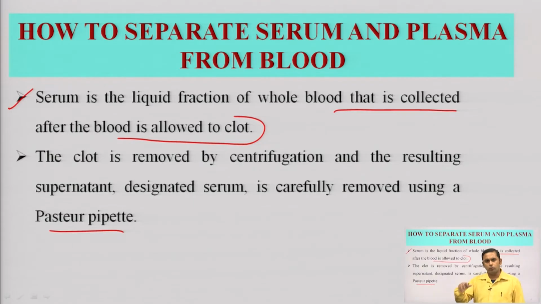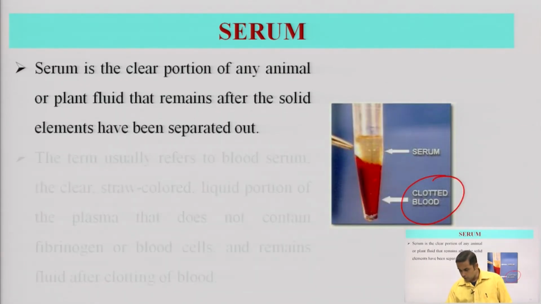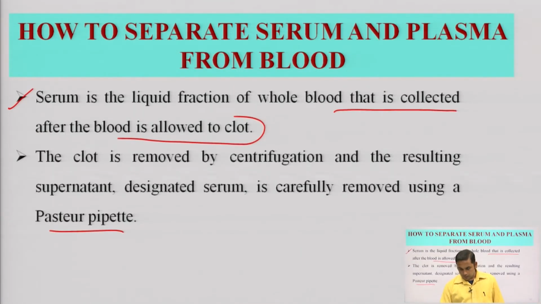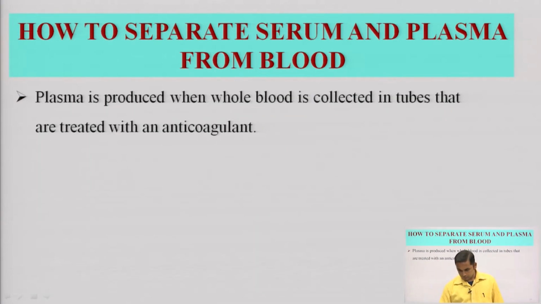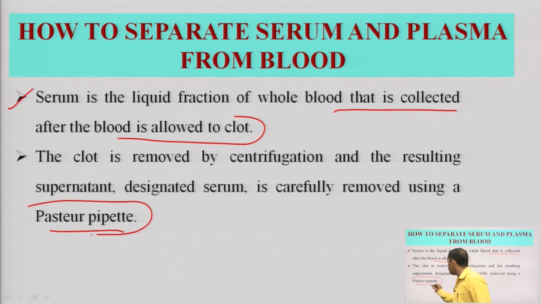If you do centrifugation, you will ultimately get this kind of thing. So, the serum and your blood clots will get separated. After that, using the Pasteur pipette you will just remove this serum.